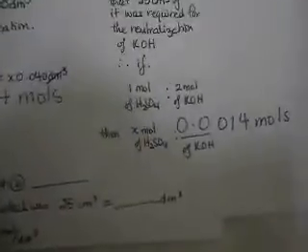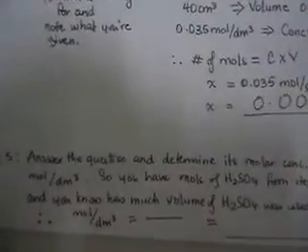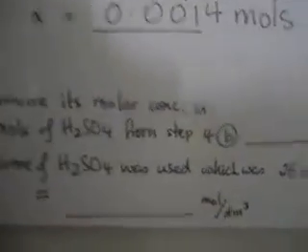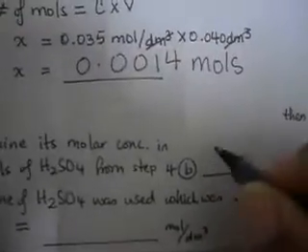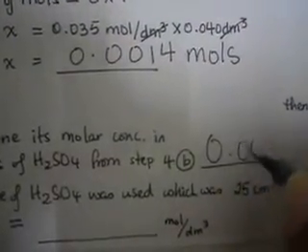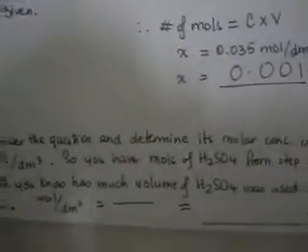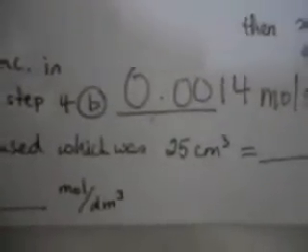Okay, so now that we have that, we can stick the number in where it says so. Step 5, answer the question and determine its molar concentration in mol/dm³. So you have moles of sulfuric acid from step 4, which is 0.0014 moles, and you have your volume, which is 25 cm³, right?